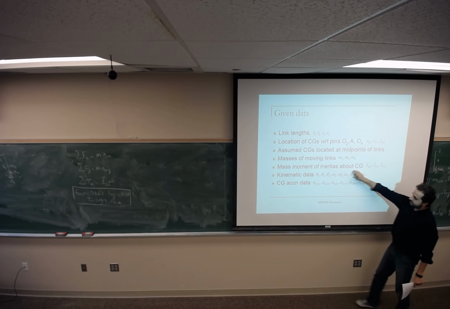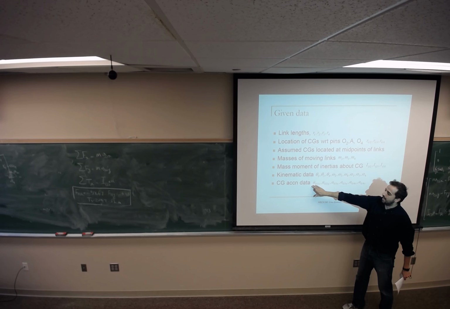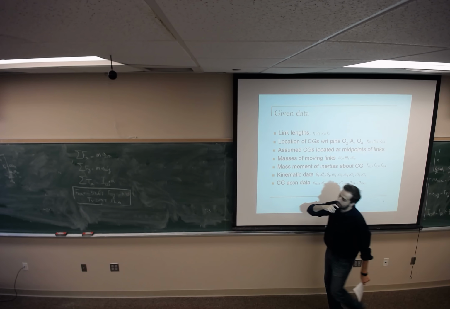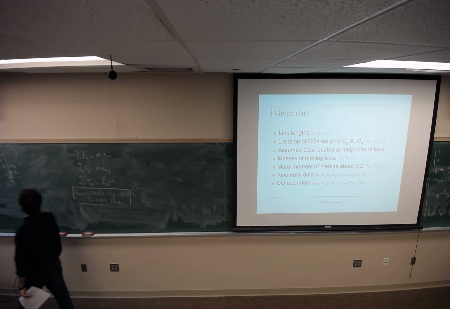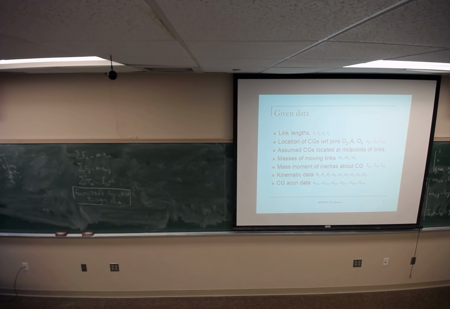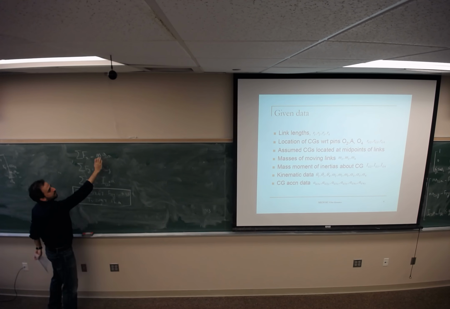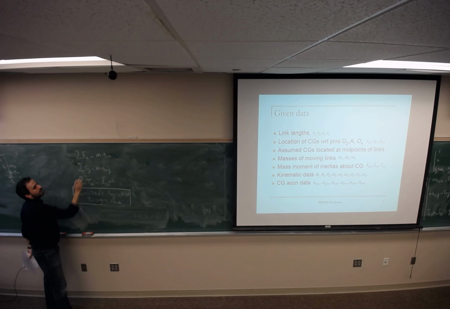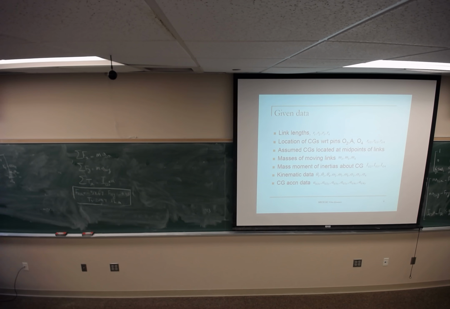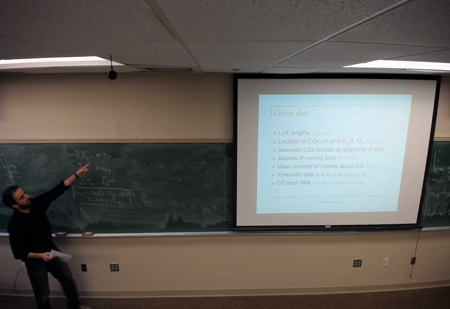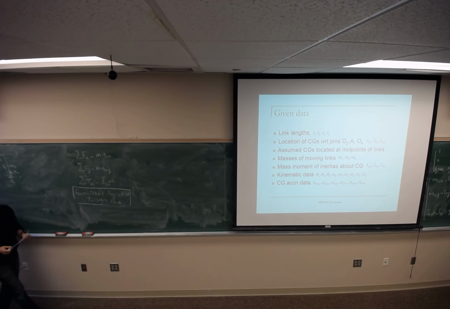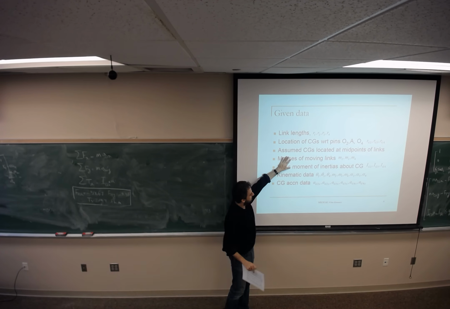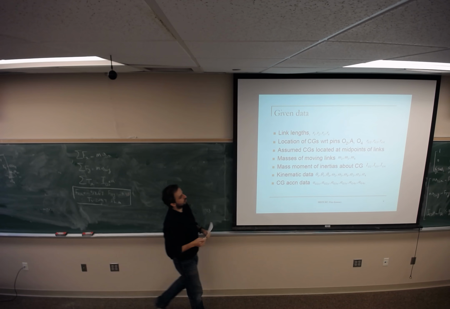Since you know them, you can find the acceleration of the center of gravity. I just erased that equation. You can find the acceleration of this point and this point. Why do we need this? Because the right-hand side of the equation has the acceleration of the center of gravity in x and y direction. So these are the steps that you need to do before you start the force analysis.